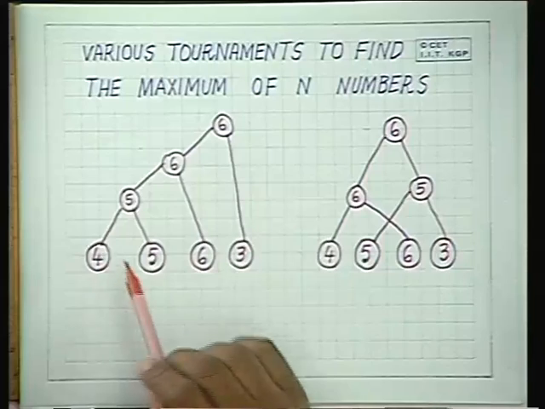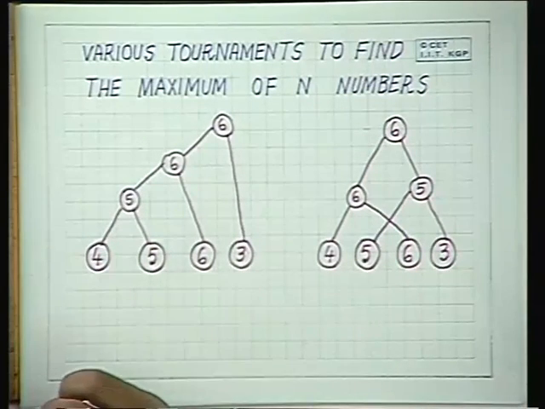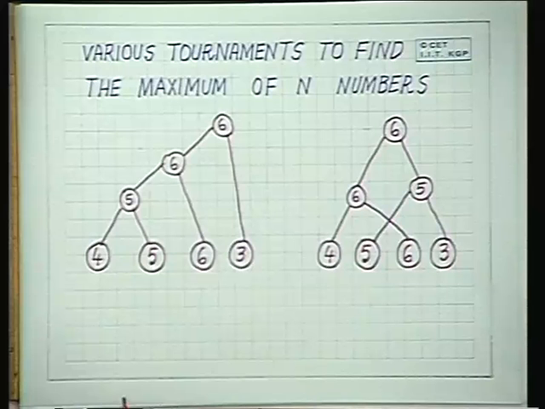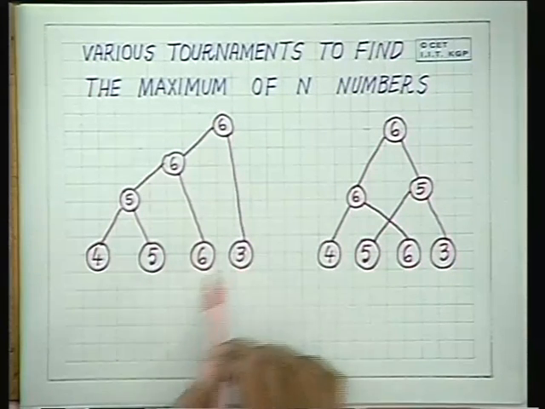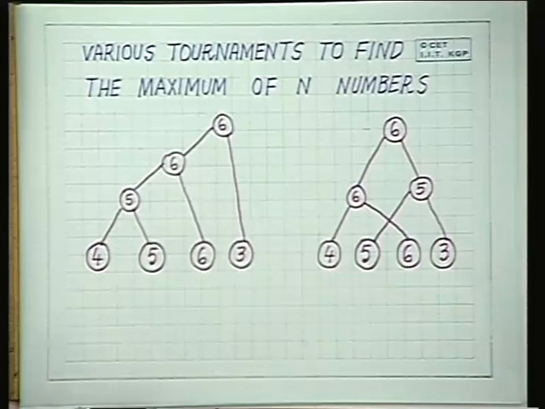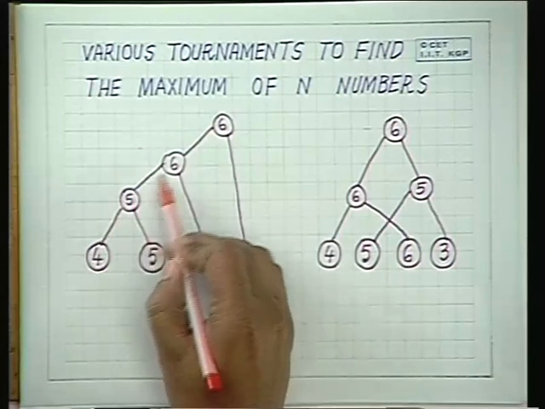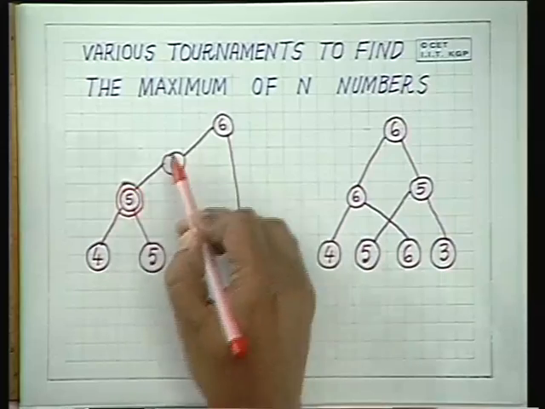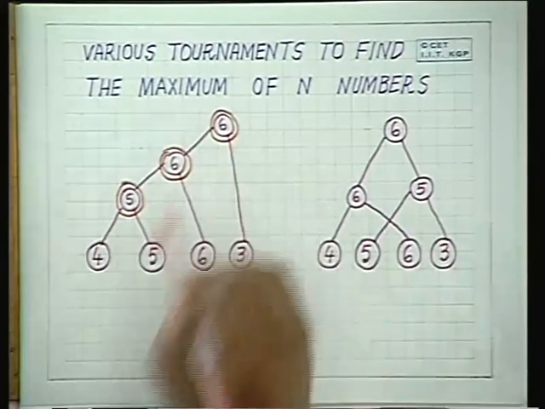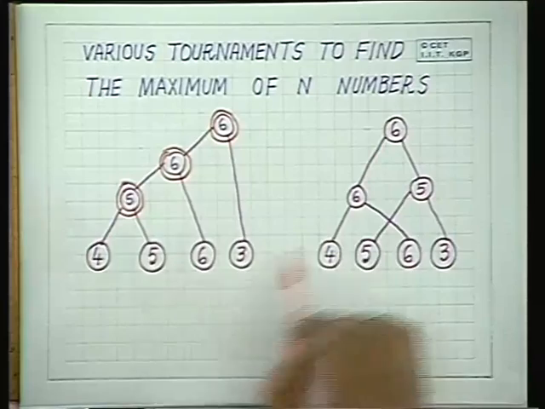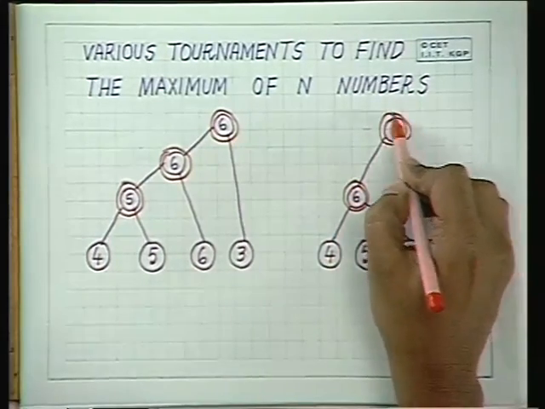A very interesting thing about such tournaments is that to declare the winner of a tournament of n players, you must necessarily see these are the players and these are the matches and the results of the matches. These are the matches which are played to find out the winner.